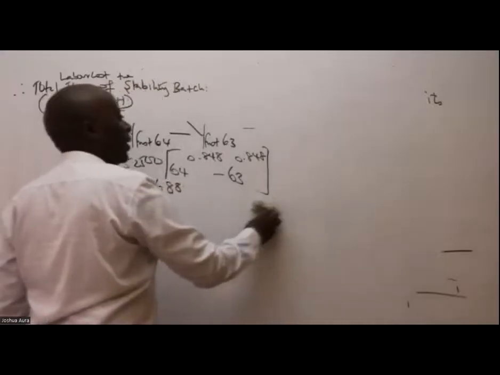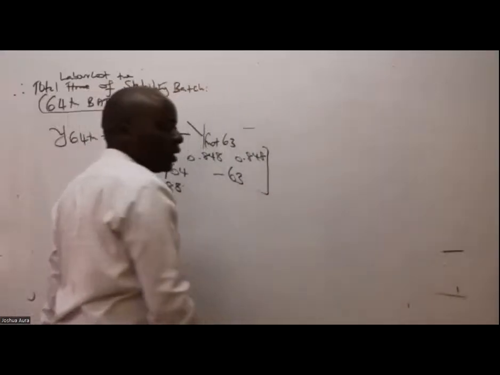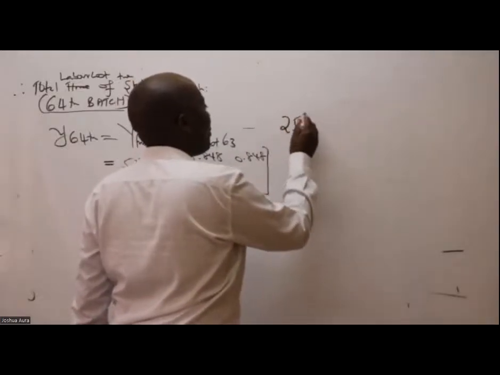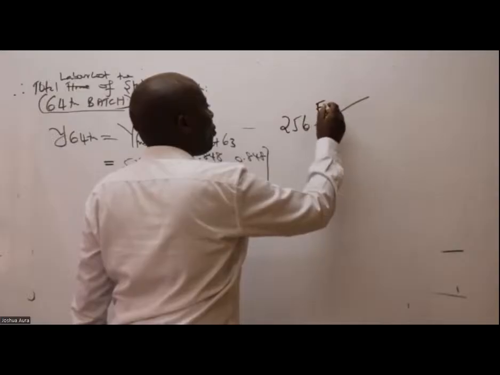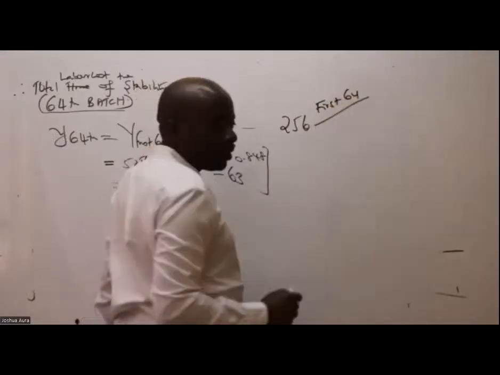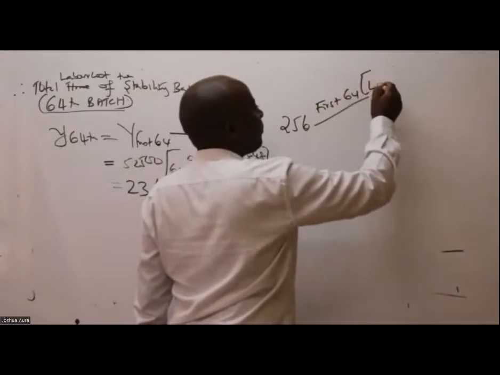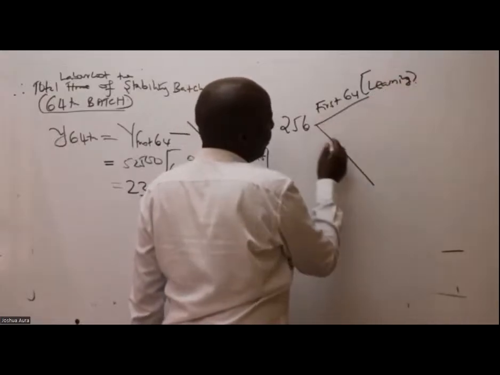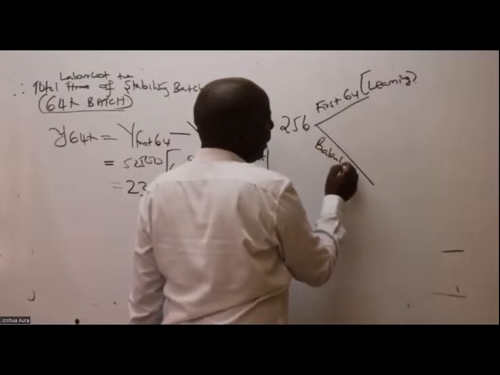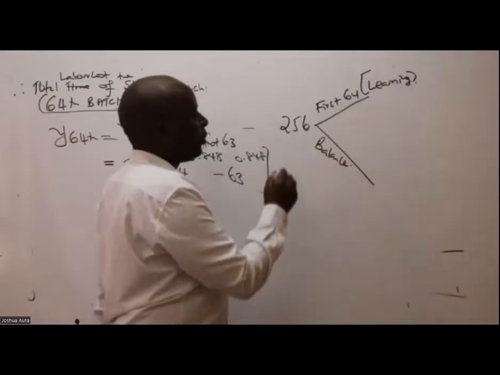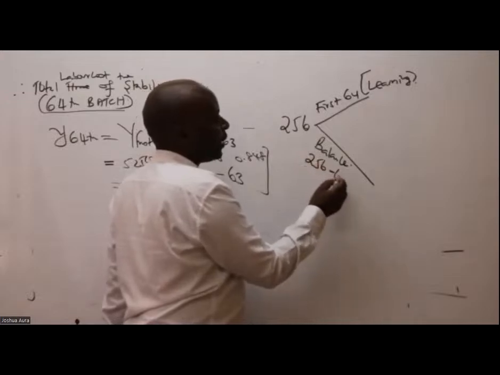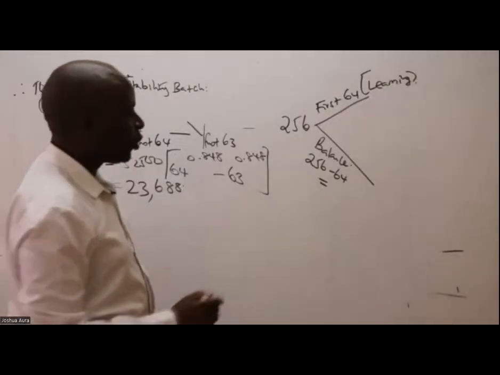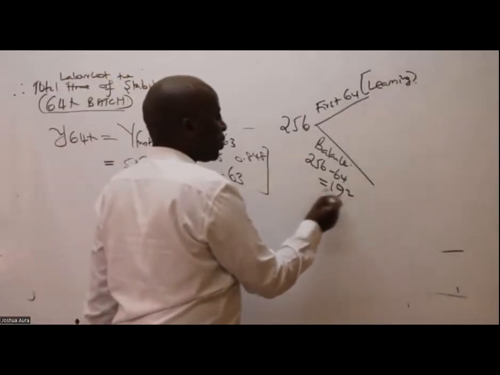So out of these 256 batches, in the first 64 we are going to have learning occurring. And the balance will be 256 minus 64, a balance of 192 batches, with no learning.